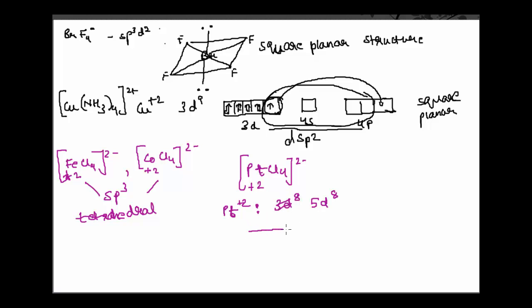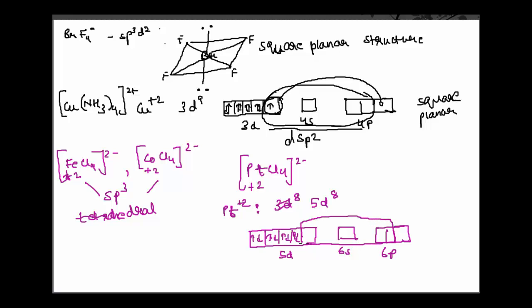So for the 5d subshell, the pairing will take place, and what we'll get is that one d orbital will be empty. This will be your 5d, this is 6s, and this is your 6p. Again the intermixing will take place and we'll get a dsp2 hybrid complex, which of course will be square planar in shape.